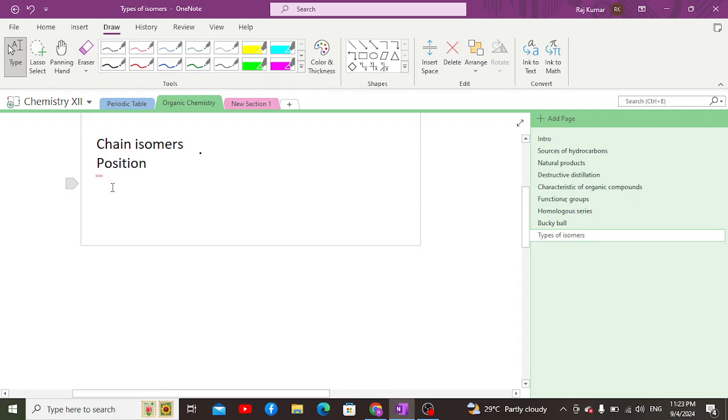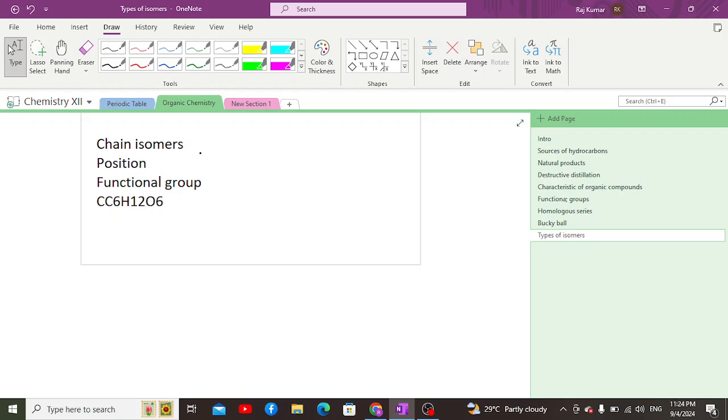After that, the third type includes functional group isomers, in which the compounds have the same molecular formula, but their structural formula varies due to a different functional group. A good example of this is glucose. This is the general formula for monosaccharides, the general formula for sugar: C6H12O6.